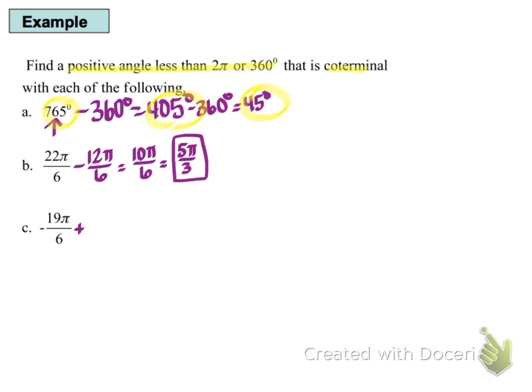We're going to have to add 2 pi, which is again in terms of sixths, 12 pi over 6. And when I add those together, negative 19 plus 12, we get 7 pi over 6. This is less than 2 pi, so it looks like we are okay there with our coterminal answer.